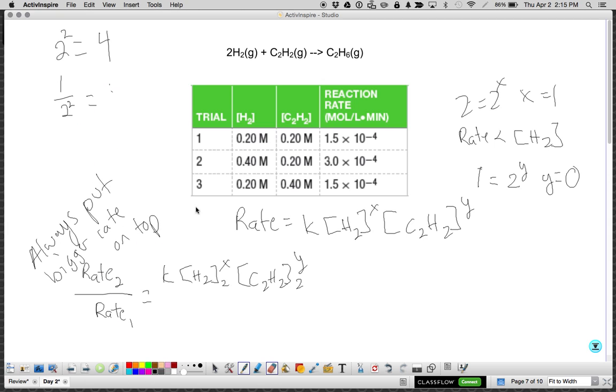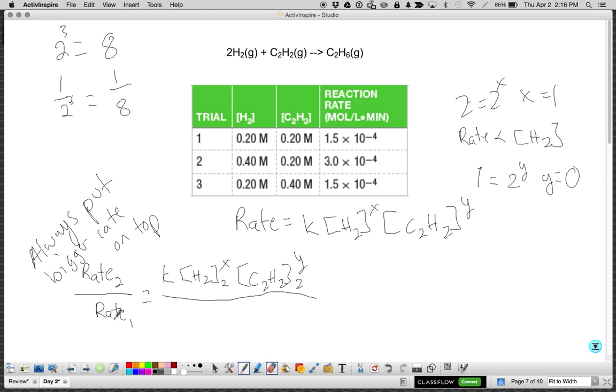Or let's say, here, I'll erase this just to make this interesting. I think a lot of people are much more comfortable saying 2 to the third power would be 8, more so than saying 1/2 to the third power would be 1/8. So if you keep the bigger rate on top, then you're always going to have whole numbers rather than fractions. And these subscripts here just indicate which rate, which equation I'm talking about.